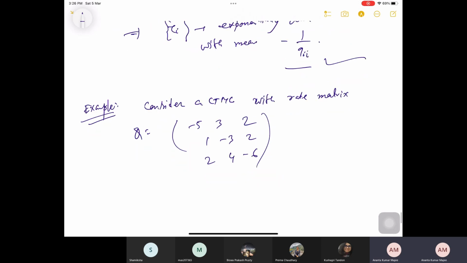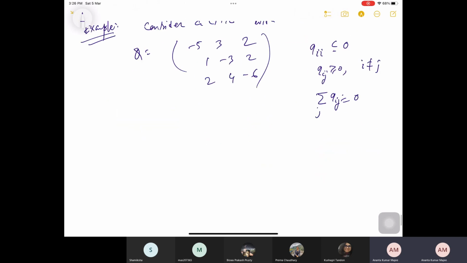I can think of a rate matrix so that the idea is Q_ii should be negative, and Q_ij should be positive for i not equal to j, and the summation of Q_ij over j should be 0. Is it not? So here 5 minus 5, 3, 2, 1 minus 3, and you can make many such Q_ij yourself.